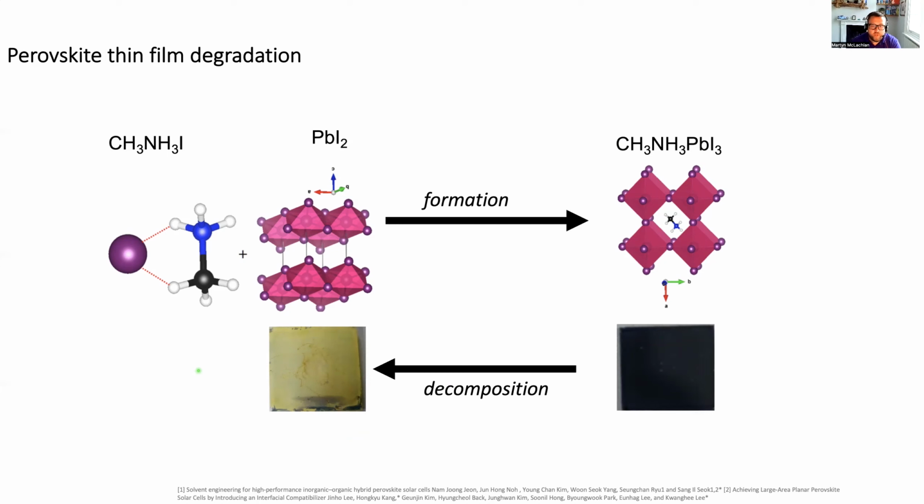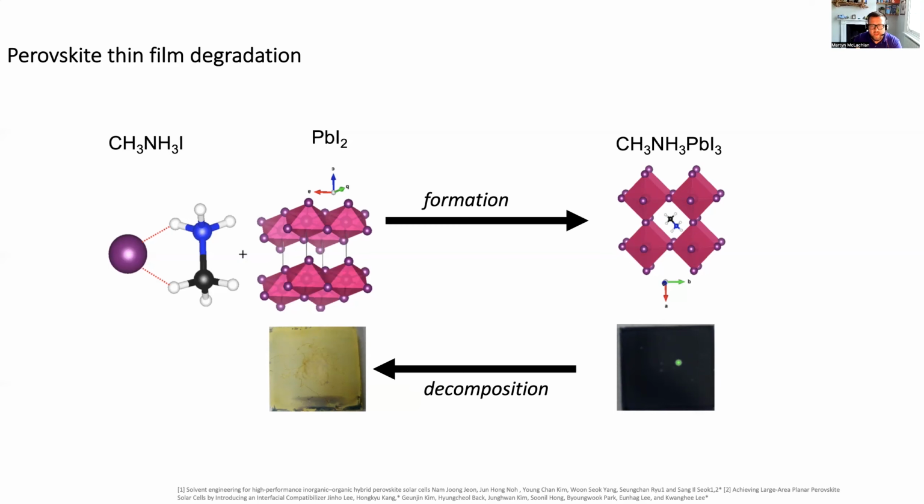Intrinsically, materials with low formation energies will typically also have low decomposition energies, and here we can see very nicely on the right hand side the film of methyl ammonium lead iodide, which will look to many to be analogous to a piece of silicon wafer, for example.